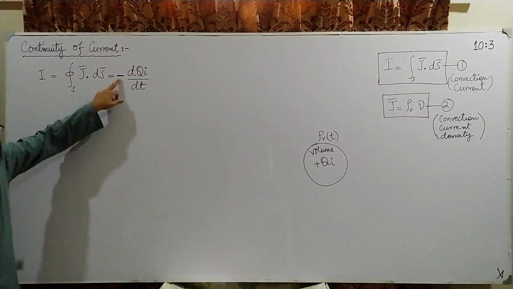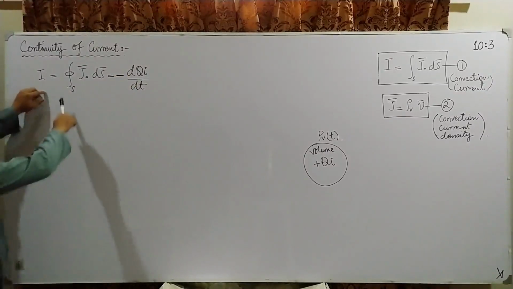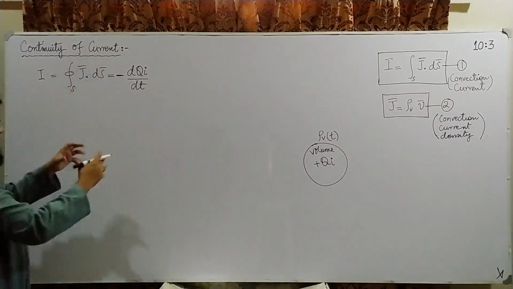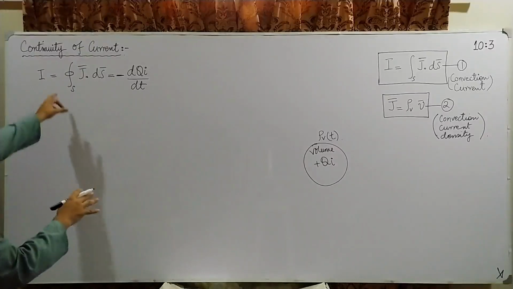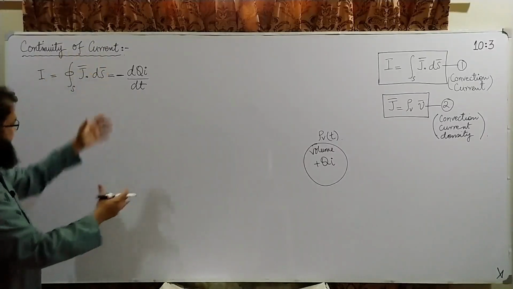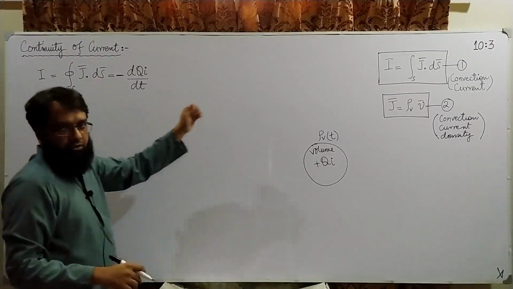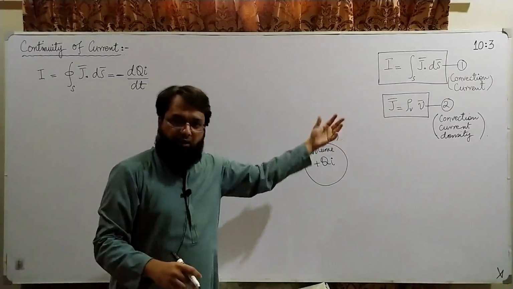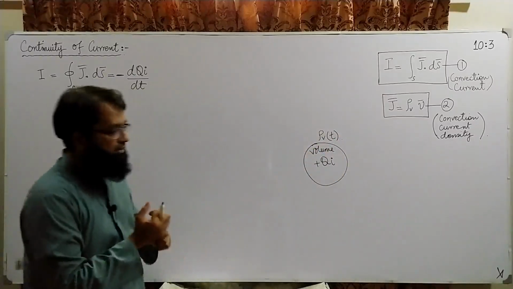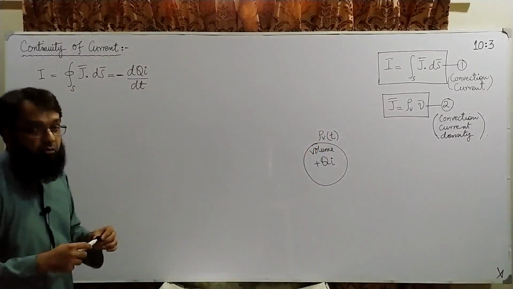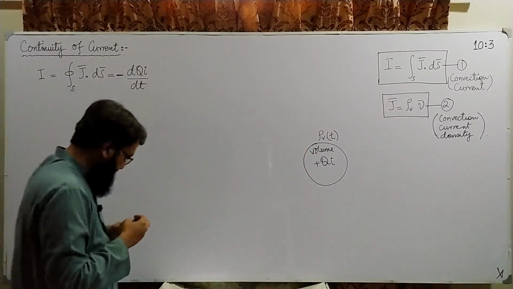Decreasing, that's why minus sign. So this much amount of current is coming out. If I'm outside that volume, I can say that this much current is coming out of that volume, which should be equal to the rate with which charges are decreasing within this volume. This is according to the law of conservation of charges.